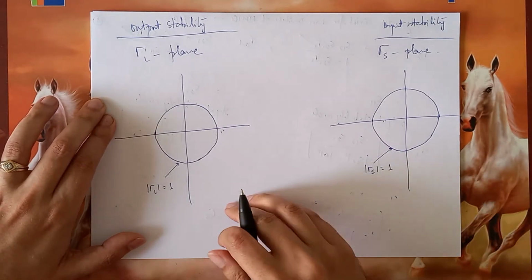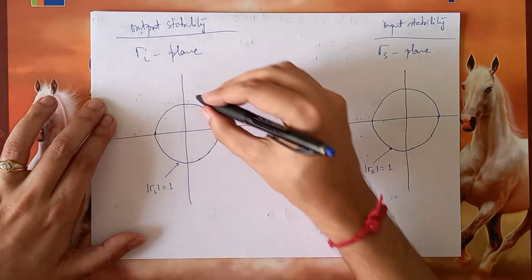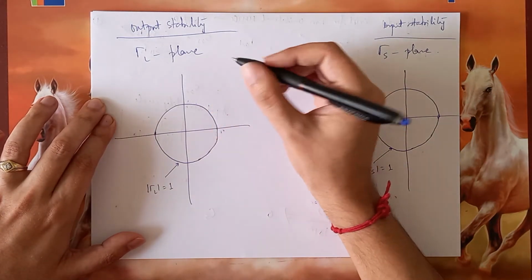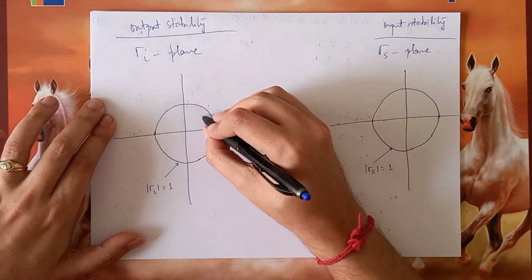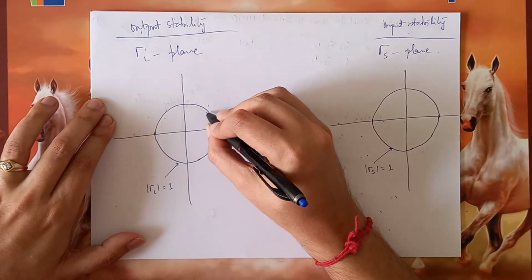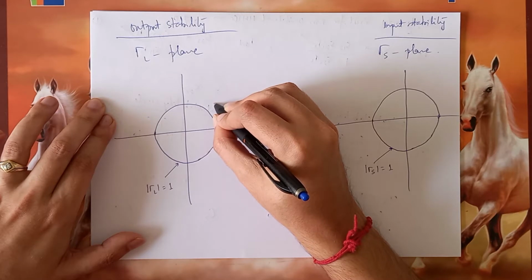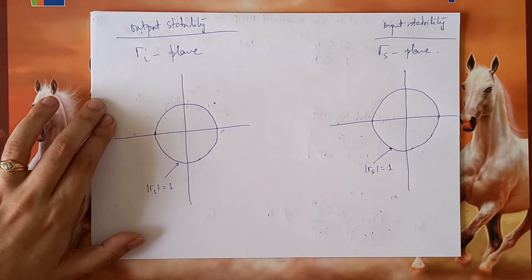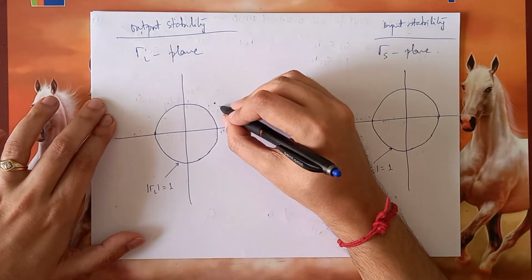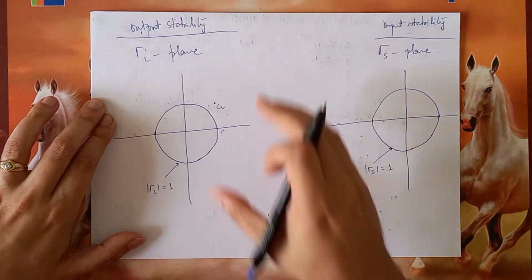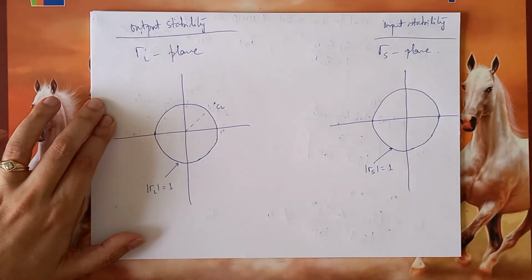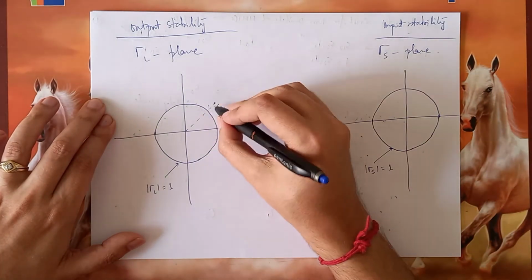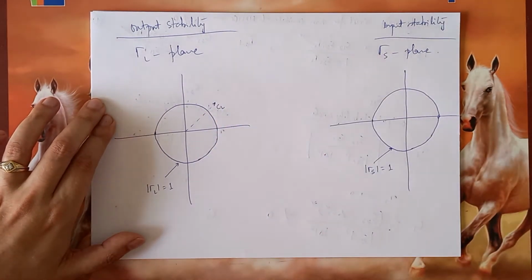Now if I draw the stability circle, what will happen? Let us say the center is over here, this is CL, and if the radius becomes 0, then the circle would reduce to a point. Now there are some good things about this and some bad things about this also.